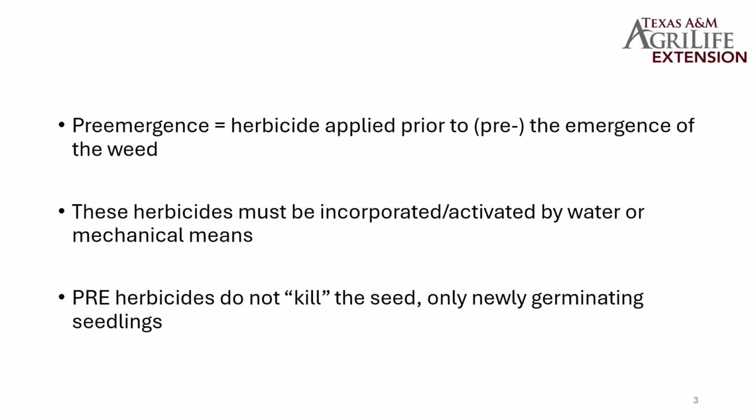The other concept that's going to be important for what we're talking about is what a pre-emerge herbicide does, because there are some opportunities during the coming months to integrate pre-emerges. Pre-emerge herbicides are those herbicides that prevent or inhibit the emergence of certain species from seed.